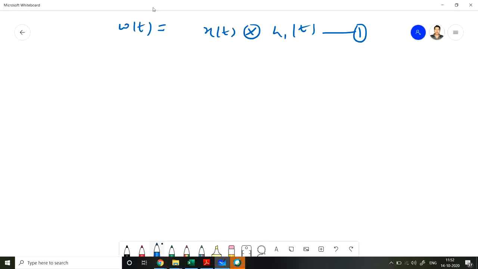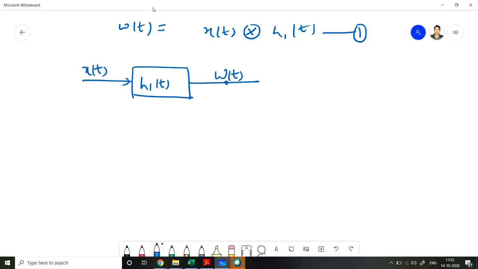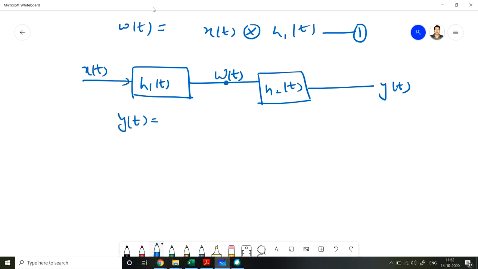Now what is y(t)? Please see the system. Again I am drawing this system. This is x(t), this is h1(t), this is w(t) at this point. Now this w(t) is nothing but the input of this second system. So finally we have y(t), which is w(t) convolved with h2(t).